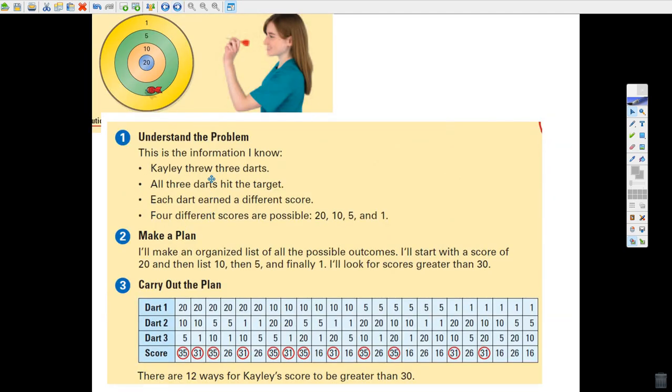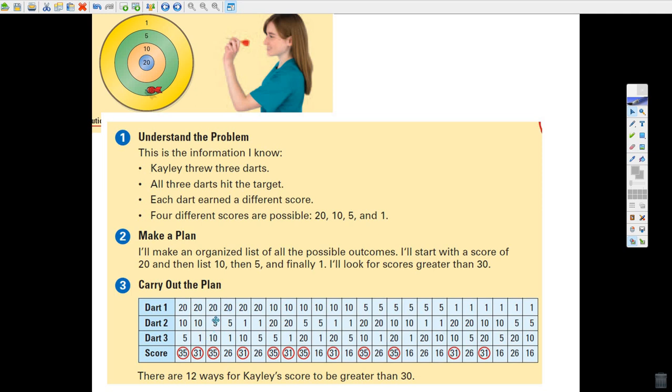This is the example. First, you've got to understand the problem: she's throwing 3 darts, all 3 darts hit the target, and each dart will earn a different score. It could be a 20, a 10, 5, or 1. Well, the way you do this is if you hit a 20 first, then what could happen? Well, you could hit a 10 and then a 5. There's 2 ways to hit a 10, then a 10, then a 1.